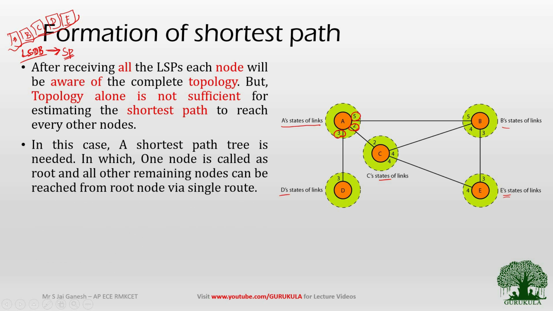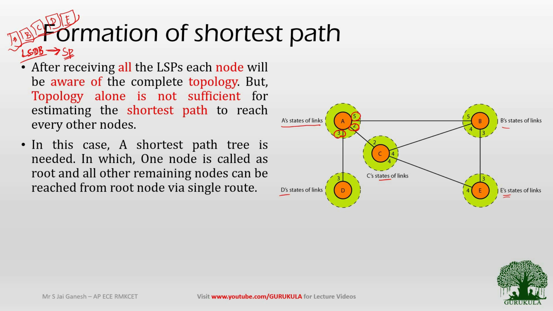Fine. So in this case, a shortest path tree is needed so that one node on the network will come to know about every node on the network and also the shortest route it has to take to reach that particular destination.